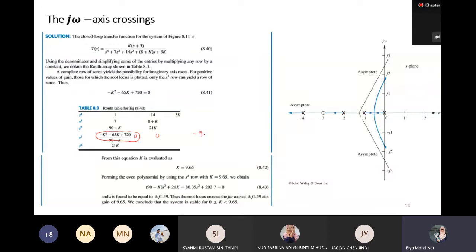Minus 9.5 squared minus 5, 9.5 plus 720 over 90 minus 9.5.